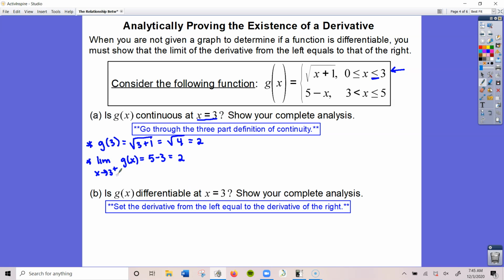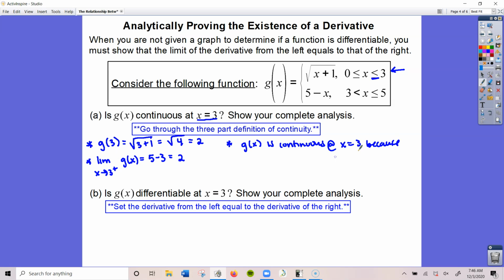And since this is the right limit and this is also the left limit, then we can safely say that the limit as x is approaching 3 of g of x is also equal to 2. So what does this mean? Since they are equal to each other, this means that g of x is continuous at x is equal to 3.